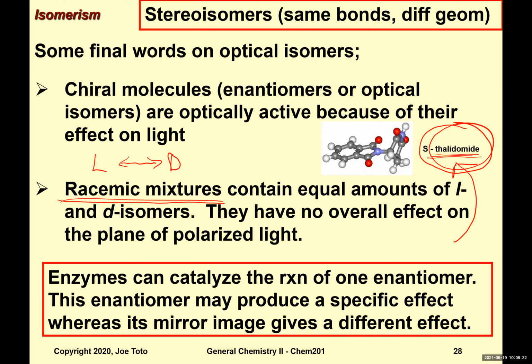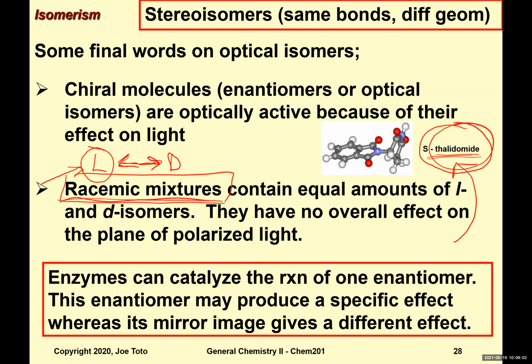And what happens is, even if you took one of these isomers and found it in its pure form, equilibrium is when we have a 50-50 mix of these. So it's going to racemate. It's going to convert to the other isomer until it reaches equilibrium at a 50-50 mix. And these are called racemic mixtures.